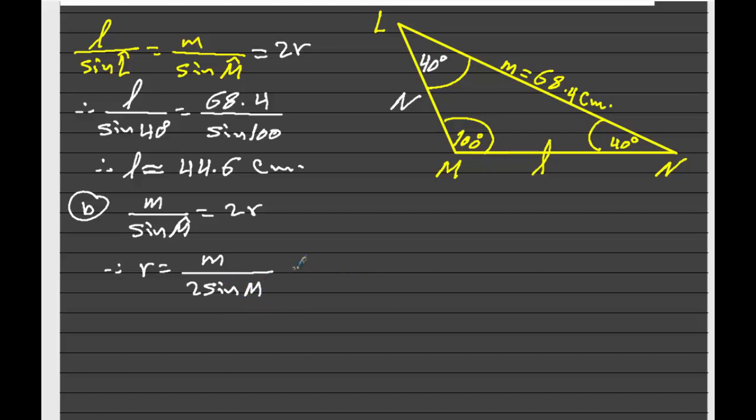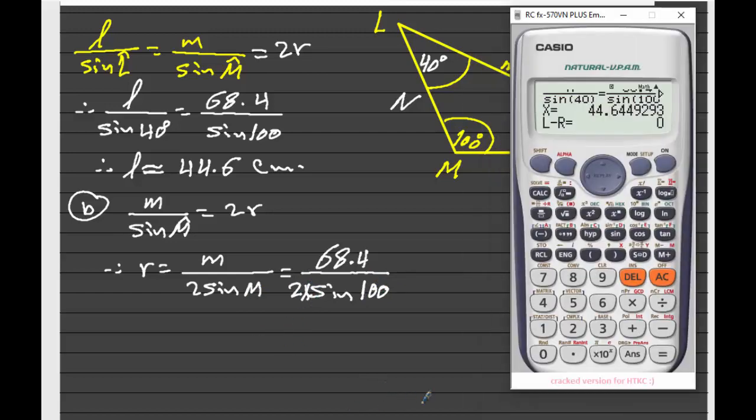Now we substitute. M is given, so R equals 68.4 over 2 sine 100. Multiply, and go to calculator.